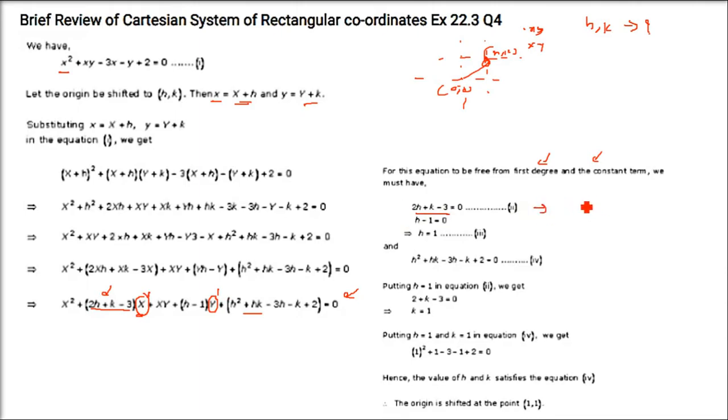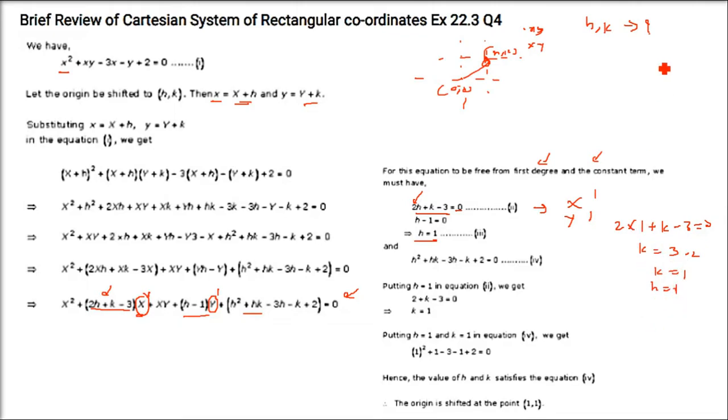So you have to put 2h plus k minus 3 equals 0 because this is the coefficient of x raised to 1. Y is also a first degree term, so h minus 1 also has to be 0. So h equals 1. Put it in the first equation: 2 into 1 plus k minus 3, so k is going to be 3 minus 2, so it's going to be 1. So h is 1, k is 1. This is what the answer is.